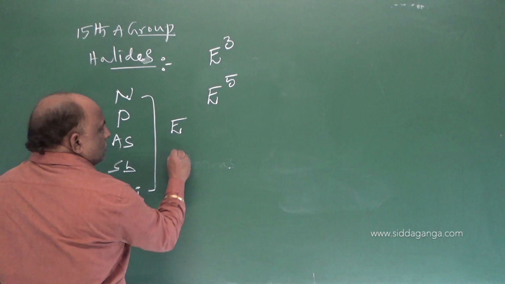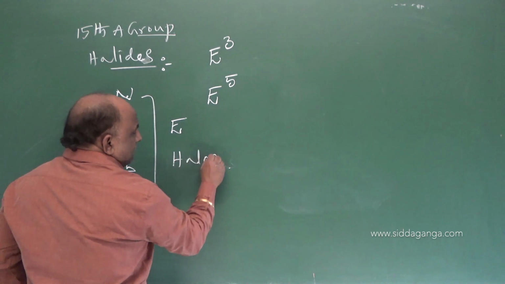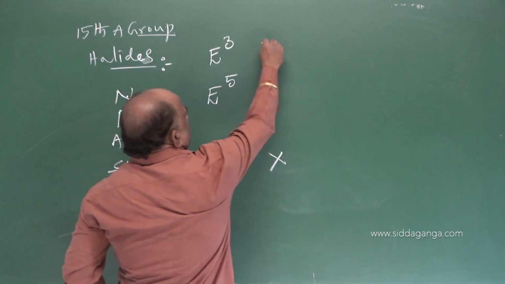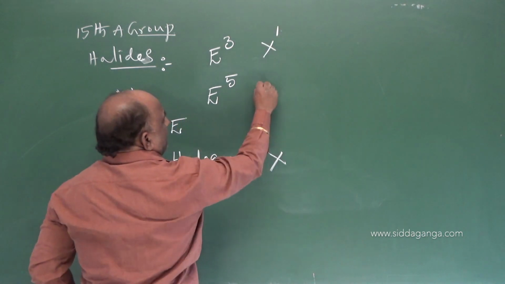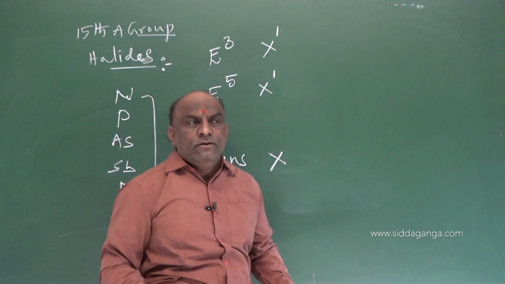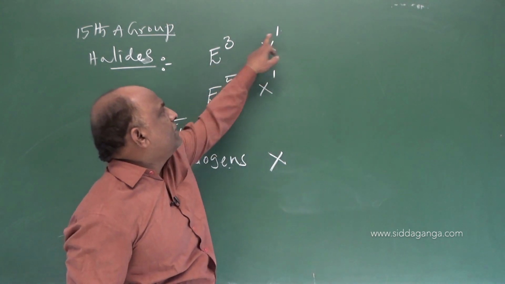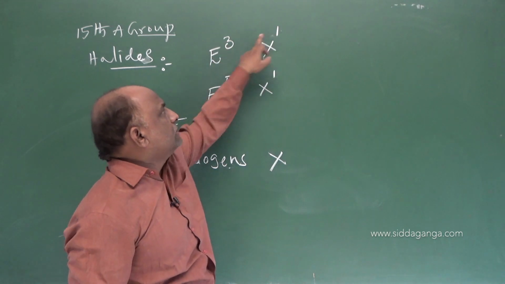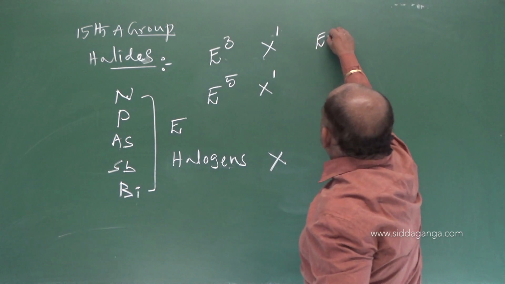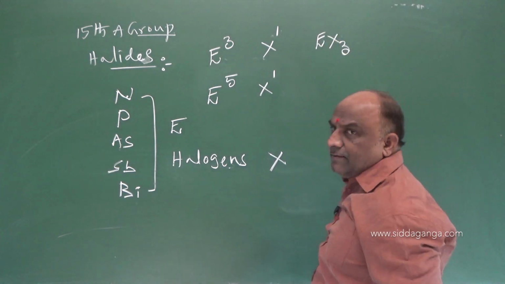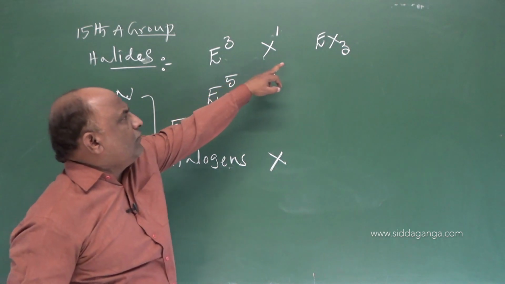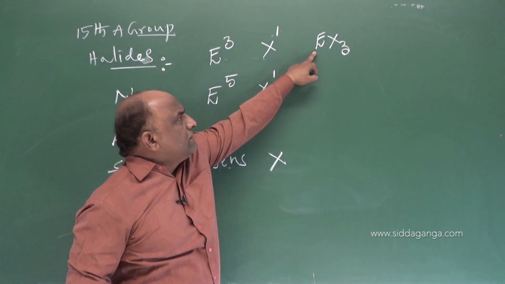And we know that halogens are denoted by X. The X oxidation state is 1. Then by the crisscross method, what will be the formula? EX3 is the formula for the 15th A group elements.